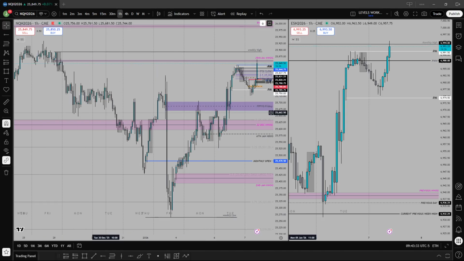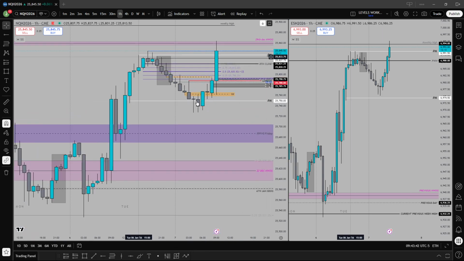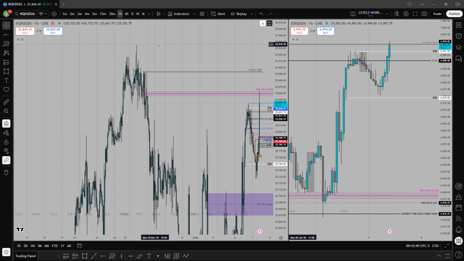Consolidation, smart money reversal, price going for these highs. This could be like the last accumulation before tapping into the original consolidation here.